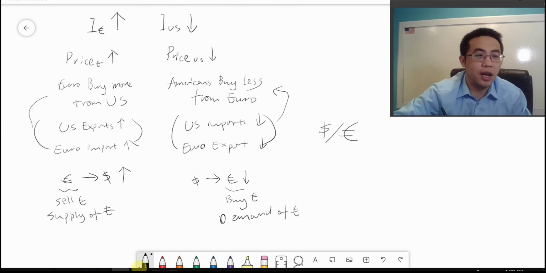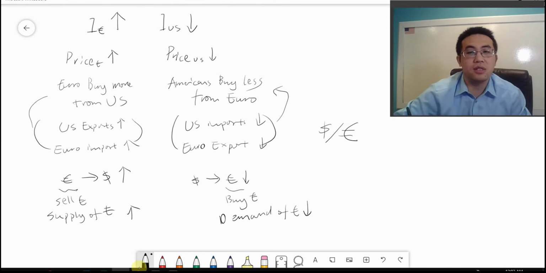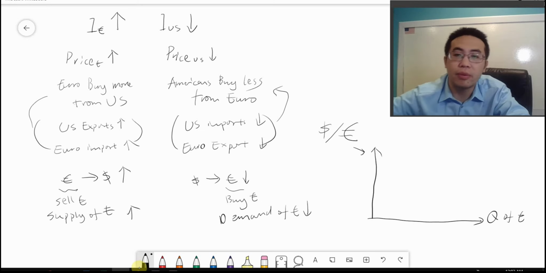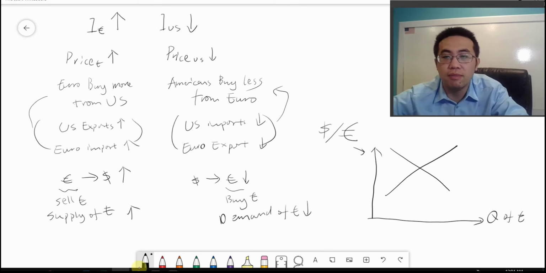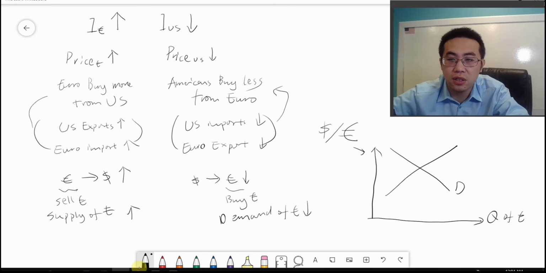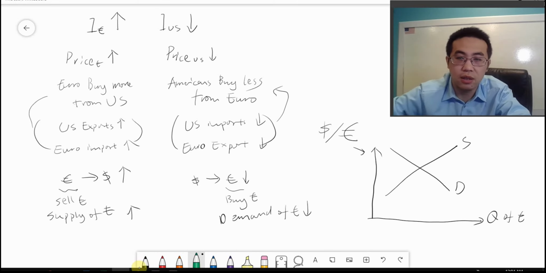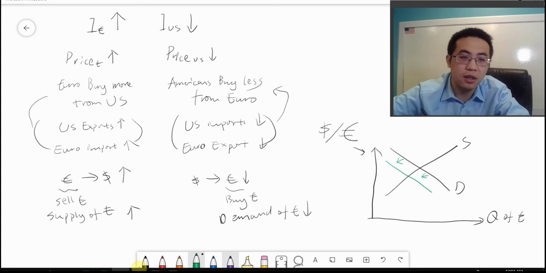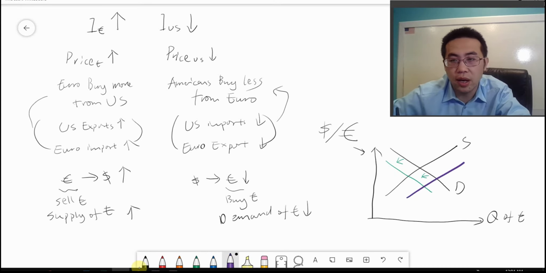Okay, the supply increases, the demand decreases. So if you want to draw a chart, the quantity of euros here, the dollar price per euro is the price. When the demand decreases, it moves to the left, and when supply increases, it moves to the right.